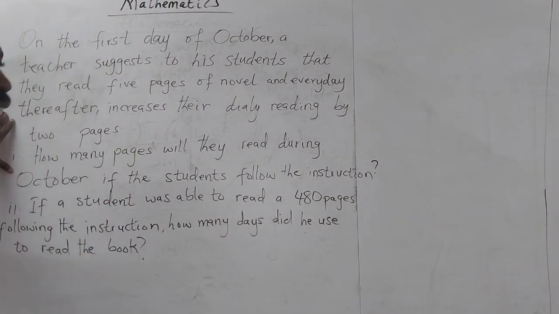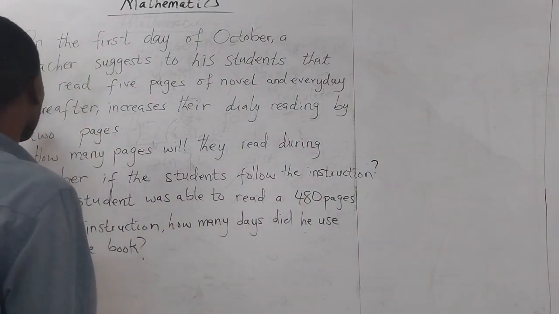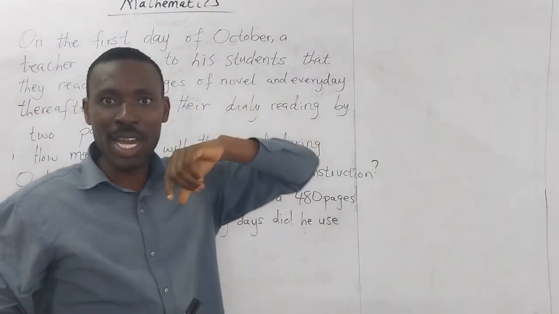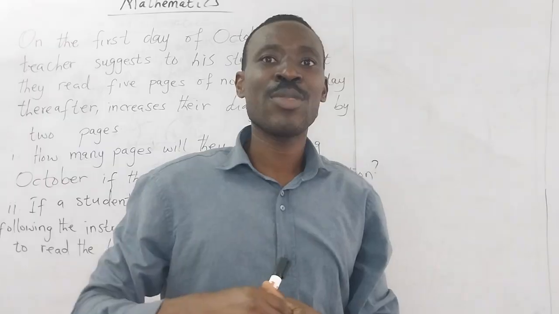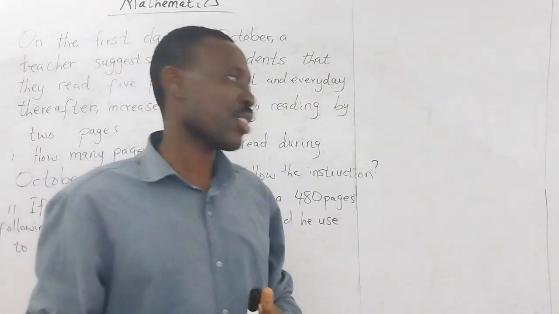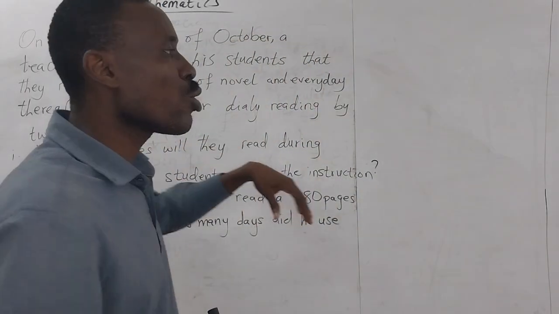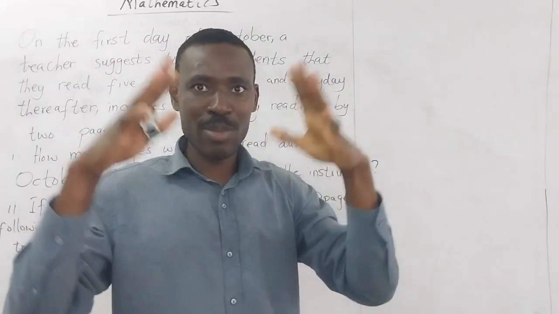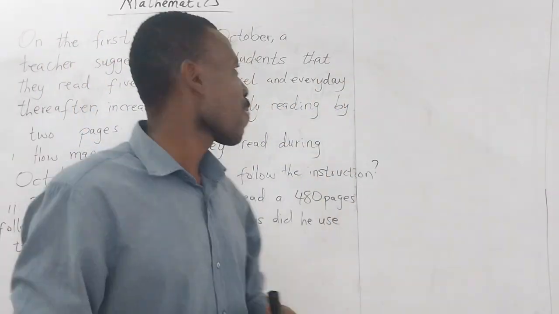Alright, so let's take the first aspect of the question. Now, this is a typical application of AP, that is arithmetic progression. And so we are going to use the formula for the summation of the AP.